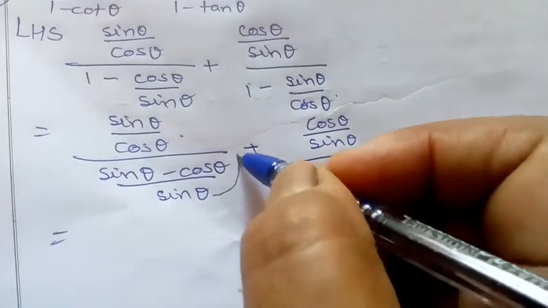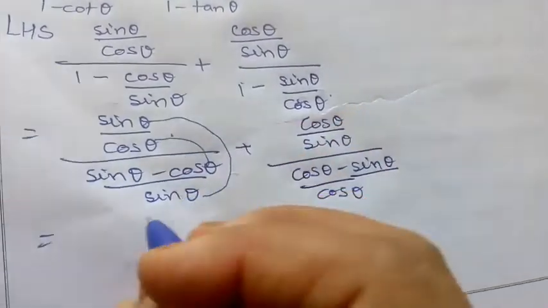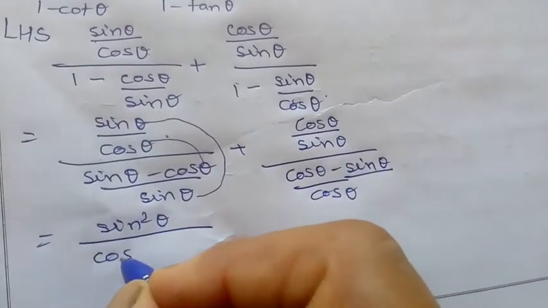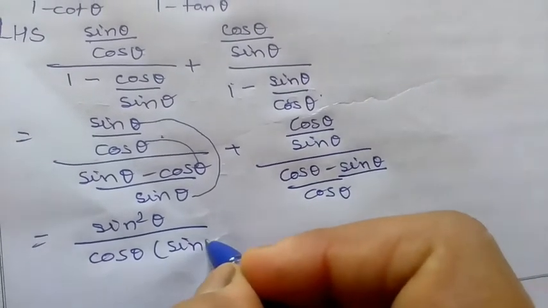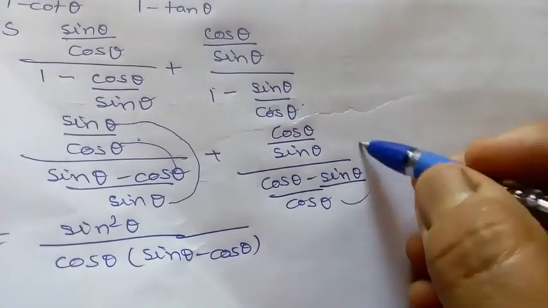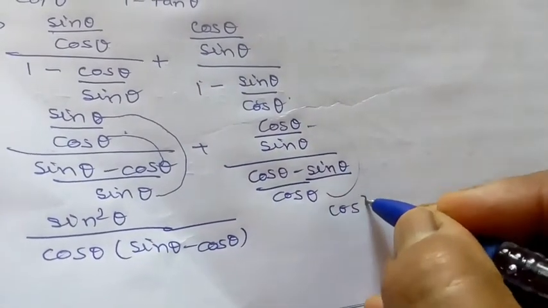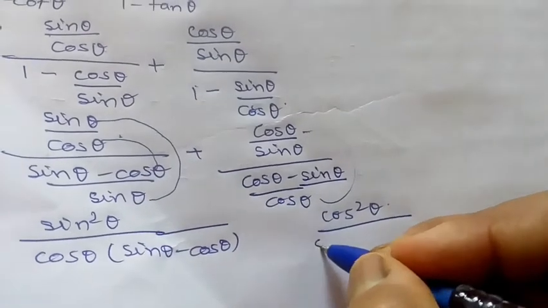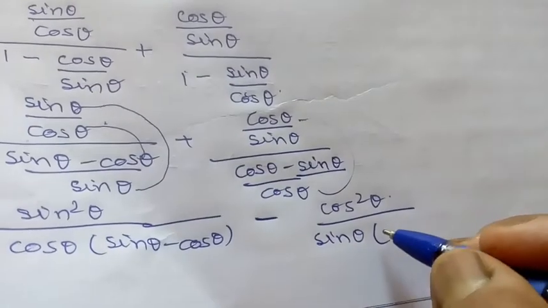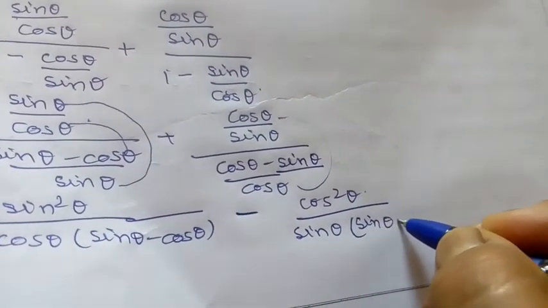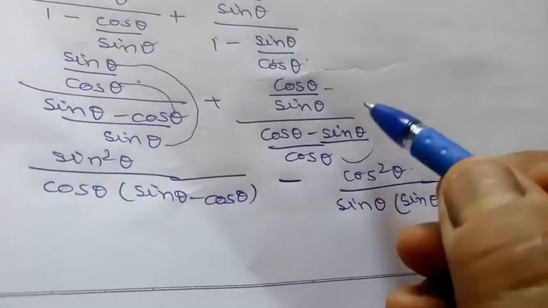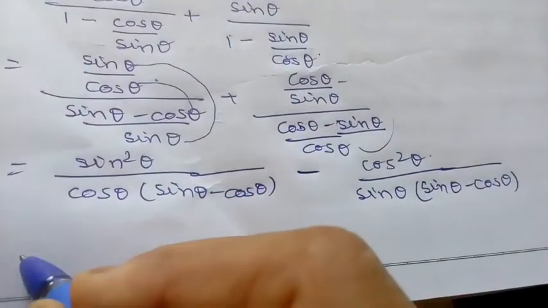Cos theta LCM, cos theta minus sin theta. Reciprocate this one and multiply this with that. Sin square theta and cos theta, sin theta minus cos theta. Similarly, multiplying this, cos square theta, sin theta, taking minus common, you will get sin theta minus cos theta. Minus common, sign change, sin theta and cos theta.